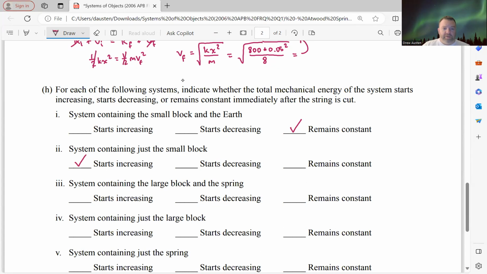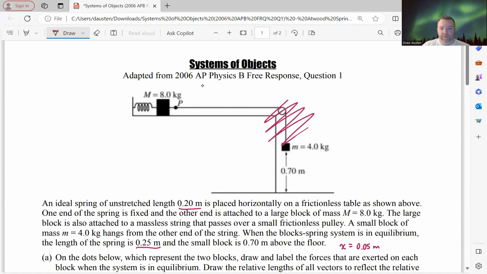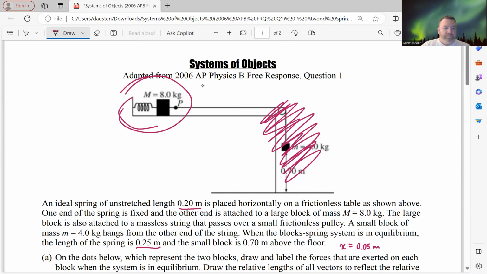Now, if we look at the system containing the large block and the spring, if we go back up to the picture, we're just ignoring what's going on over here and focusing on what's happening right here. You can see in this one that the elastic energy of the spring is going to be converted into the kinetic energy of the block, and there's nothing else going on here.